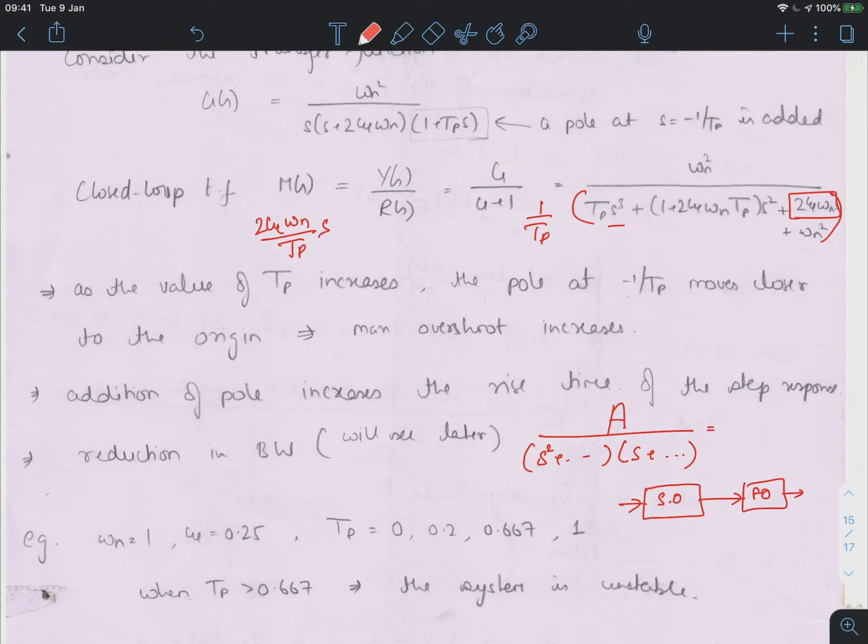The same effect it will have on this system as well, which amounts to saying that the rise time of the step response would increase. If this first order system is not there, we have the nominal second order system, and with the first order system it is like adding some kind of delay, and if we are delayed then the rise time would definitely increase.